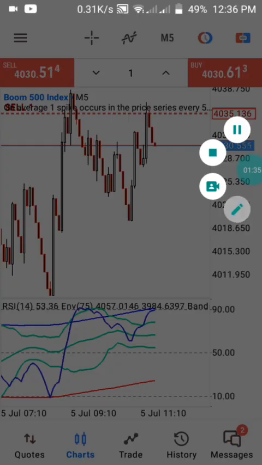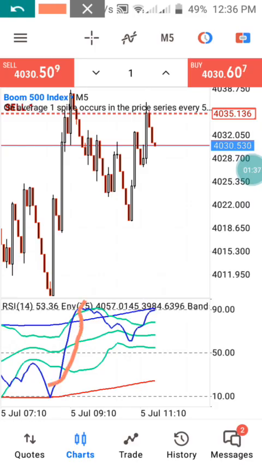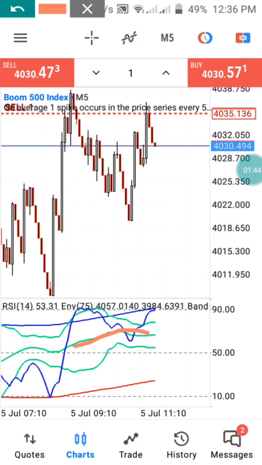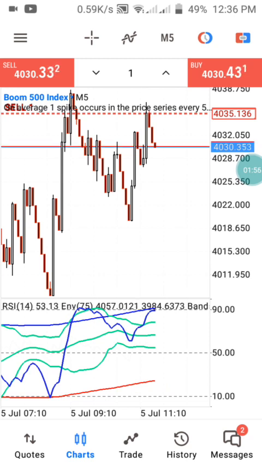Our blue line that you are seeing here that is crossing over is our moving average, and our Bollinger Band is the three green lines that you see moving on the screen, and we have our envelope on the two parallel lines that are moving above and below in indicator window 1.